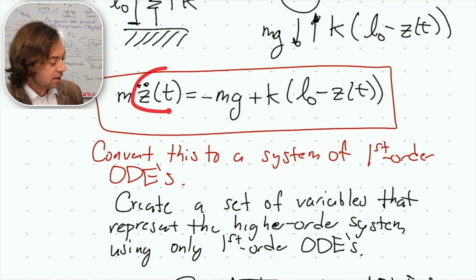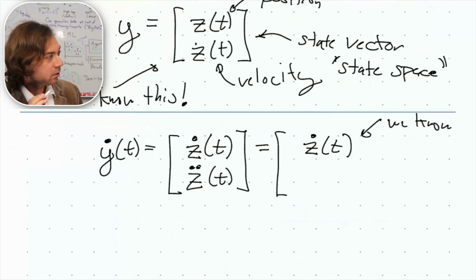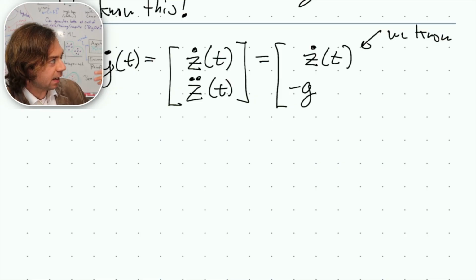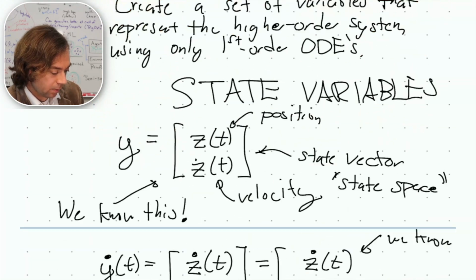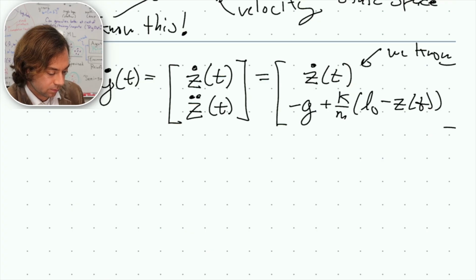So we can just take this equation and solve it for z double dot of t. I'm going to solve it by dividing both sides by m, plus k over m, L0 minus z of t.